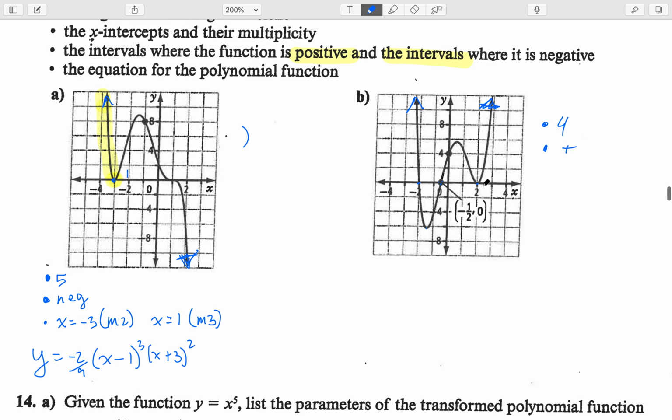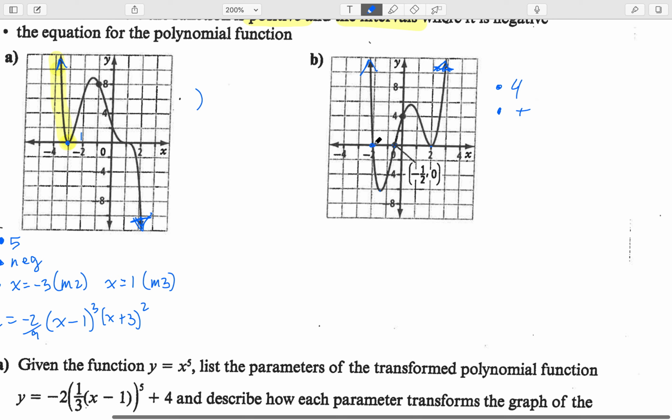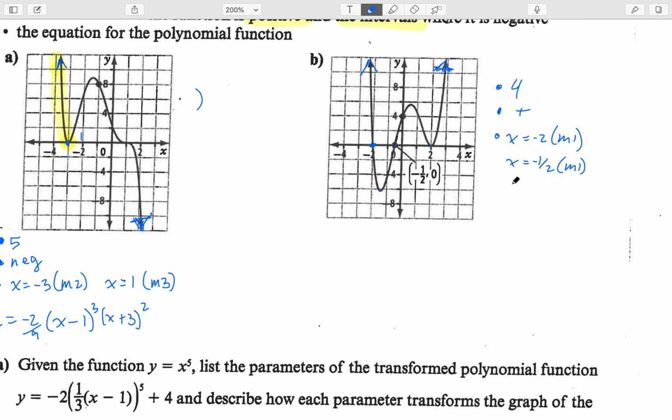X-intercepts and their multiplicity. Well, it has an x-intercept of -2. x equals -2 has a multiplicity of 1. x equal to -1/2 also has a multiplicity of 1. And x is equal to 2, multiplicity of 2.